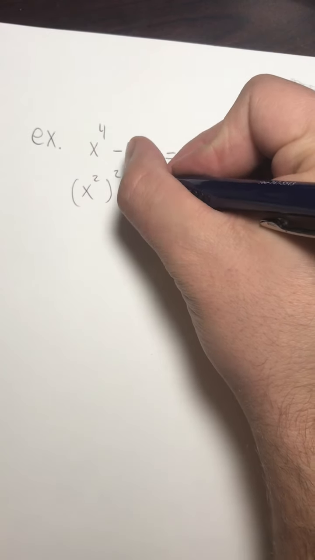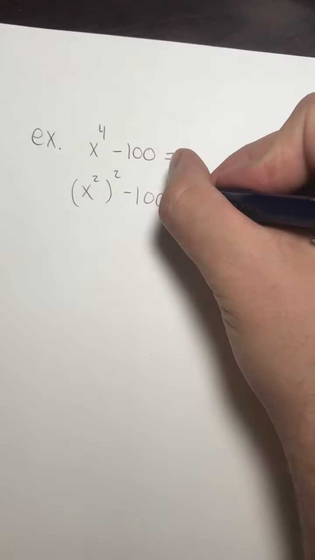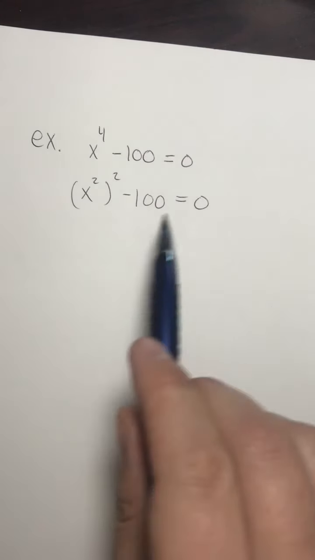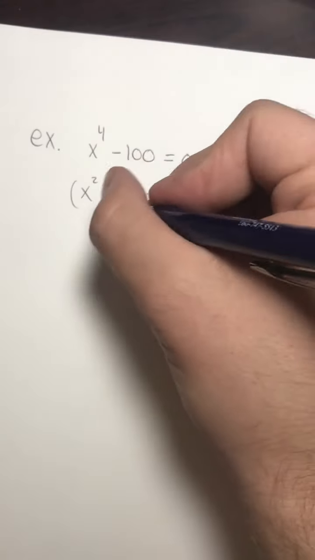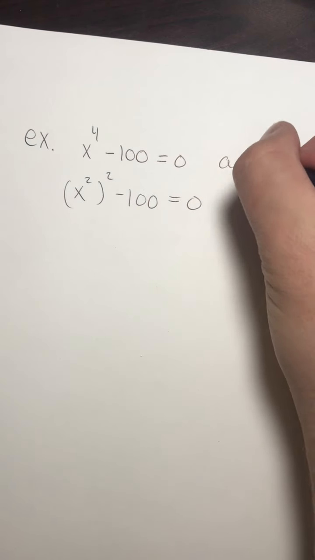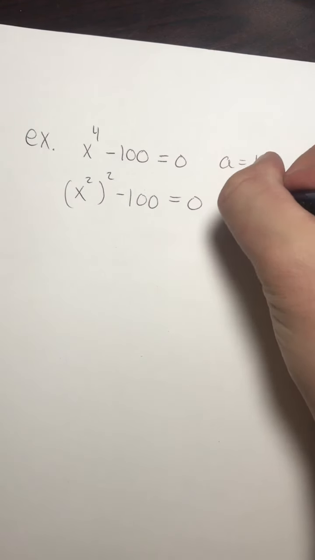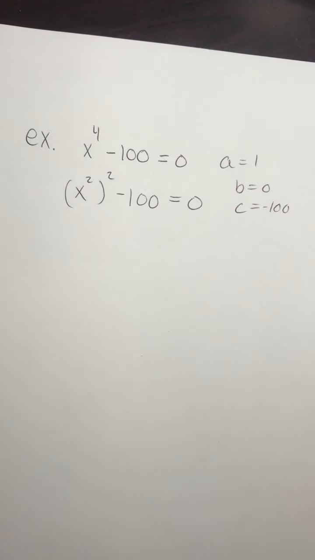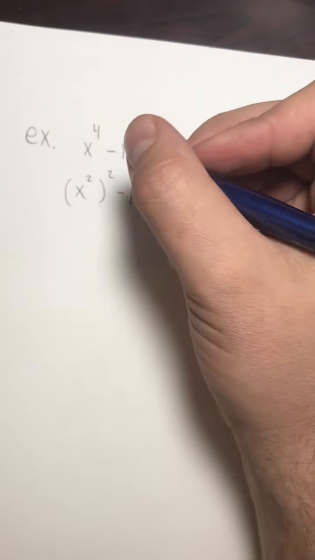When you're solving equations in quadratic form, that's what you're looking for, that quantity squared. So in this case, A equals 1, B equals 0, and C equals negative 100. If we notice that x to the 4th is x squared squared, we can pick something else.